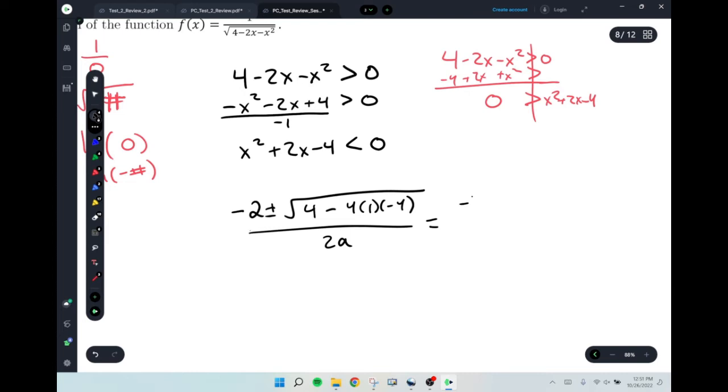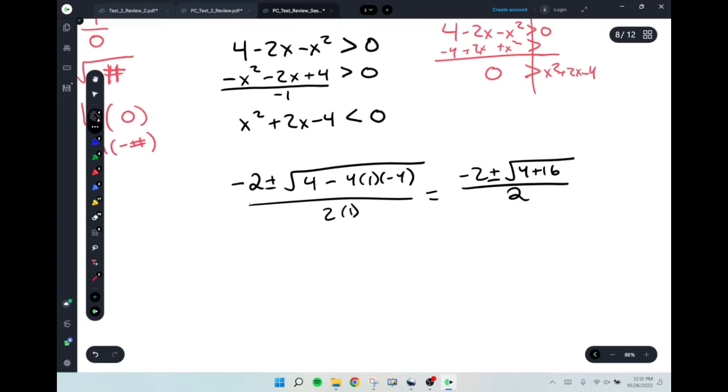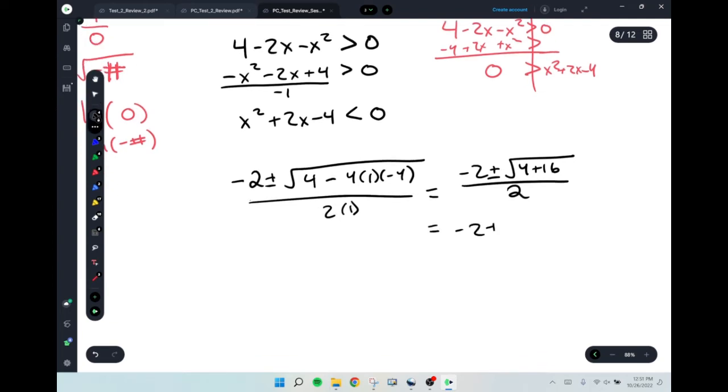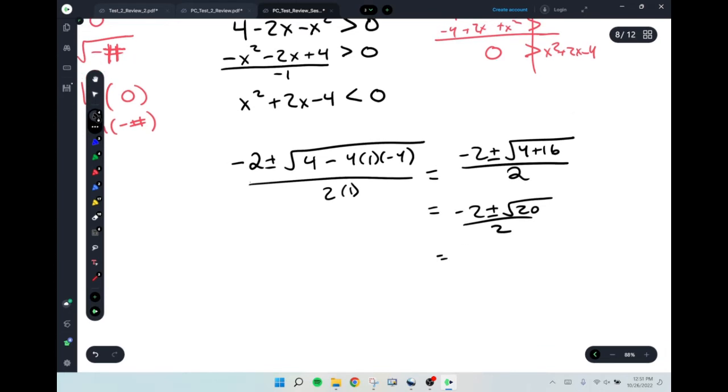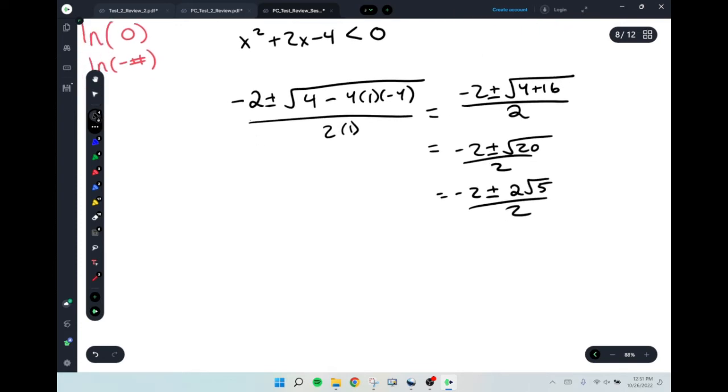Oh no, this is gonna be good. -2 plus or minus the square root of 4 plus 16, all over 2 times 1, all over 2. -2 plus or minus the square root of 20, all over 2. -2 plus or minus 2 square root 5, all over 2. -1 plus or minus square root 5. I'm so sorry that I gave you all that.